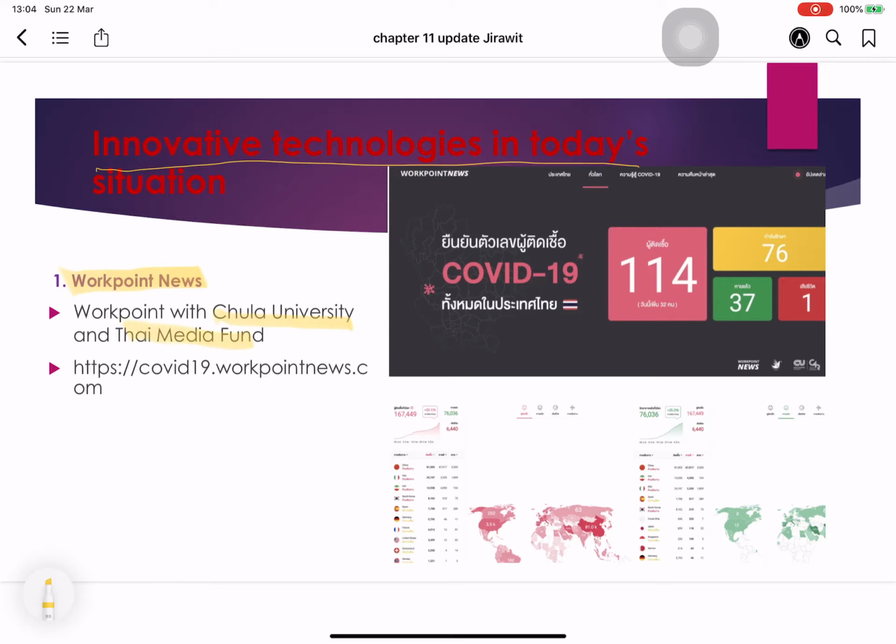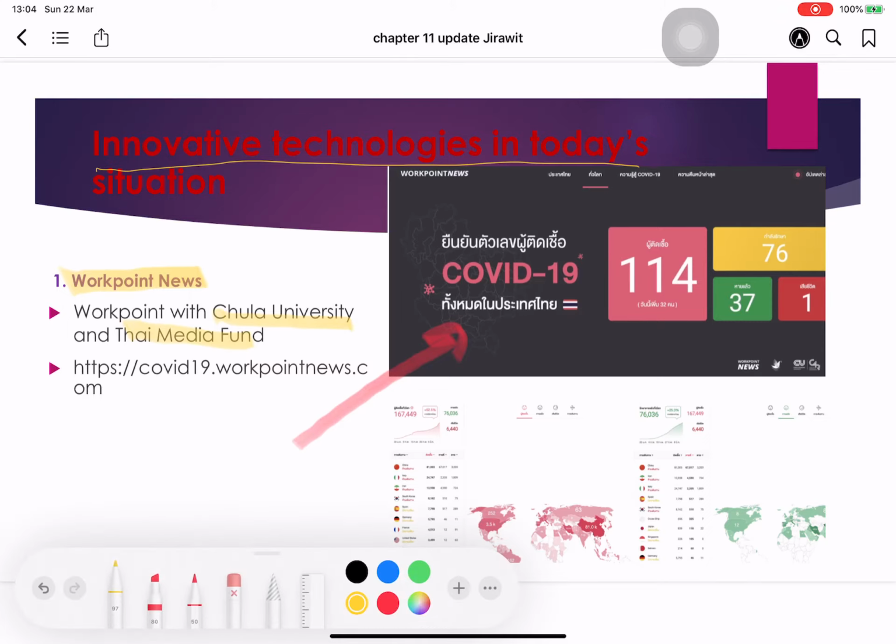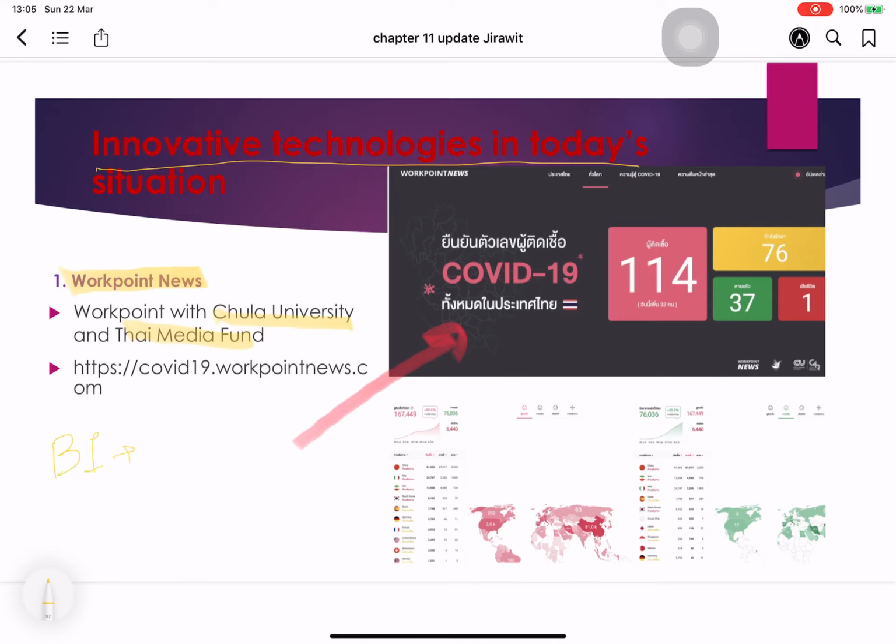This shows the real time, okay, of COVID-19. This innovative technology example, like we have heard a lot about BI, shows the graph in real time.